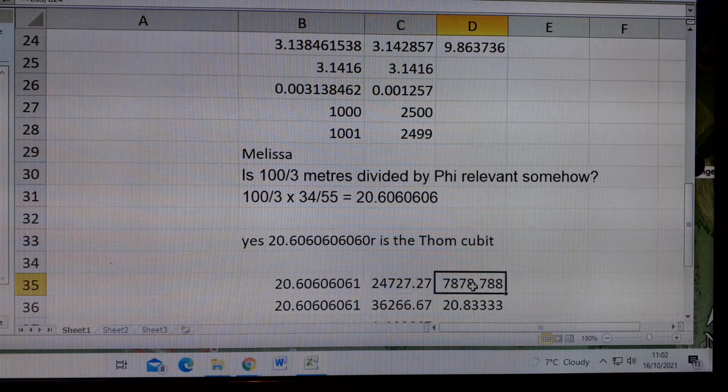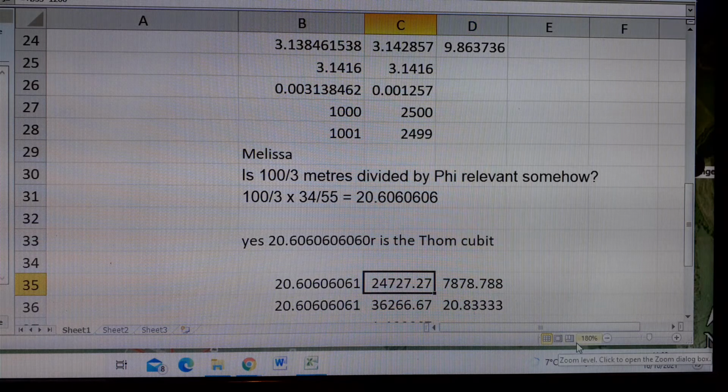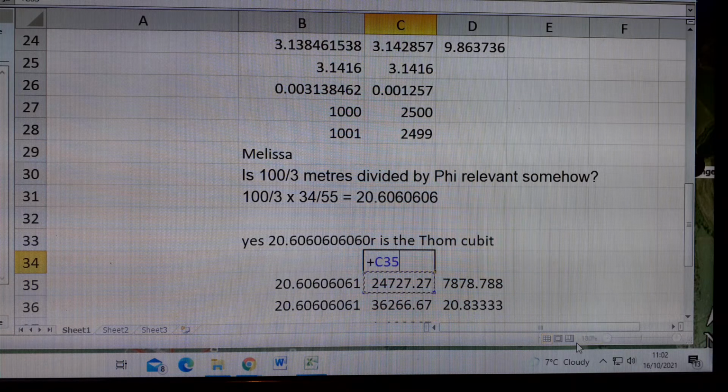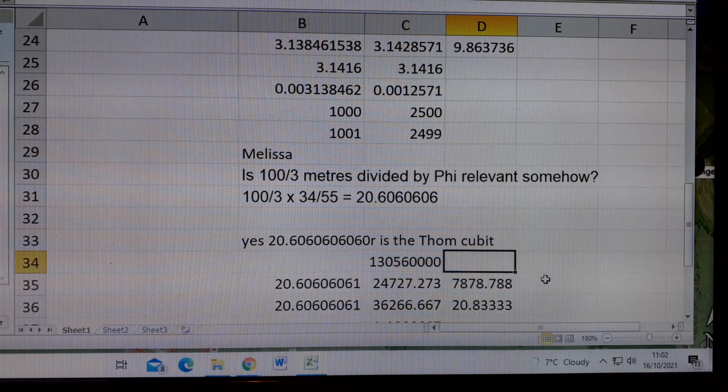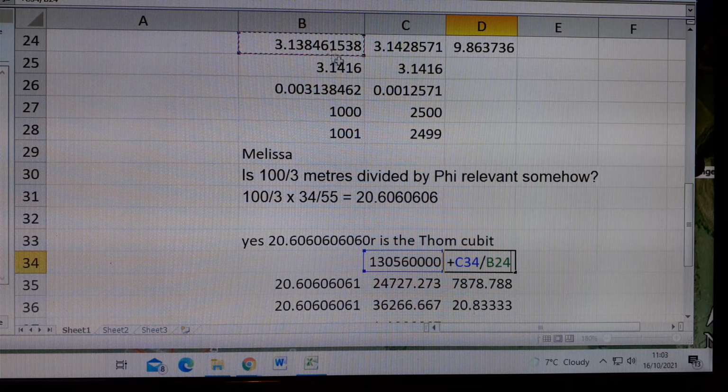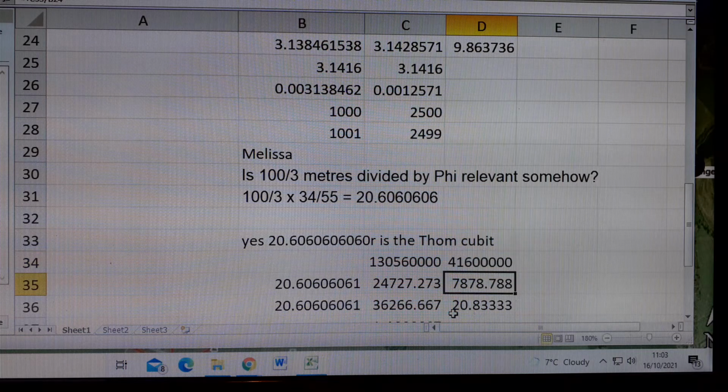So you can see that there's a reason for that. And if we go into miles, so we multiply that, we get that unit there. And if we divide that by the same version of pi, you can see we're getting a solid unit.